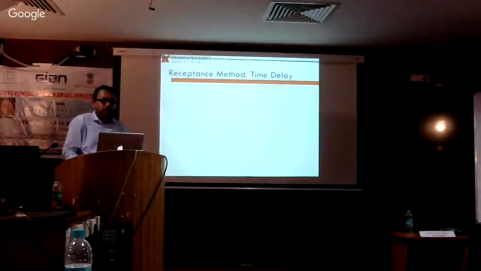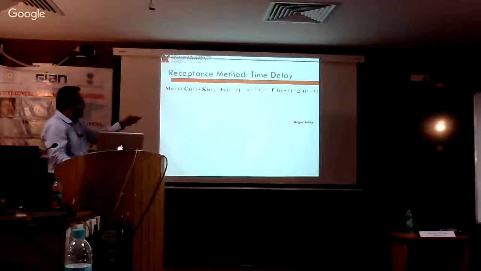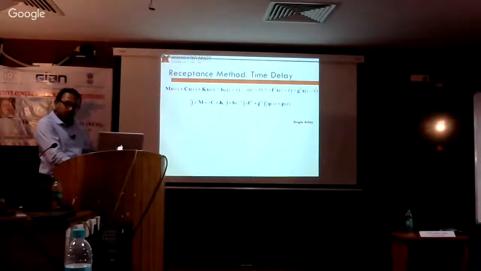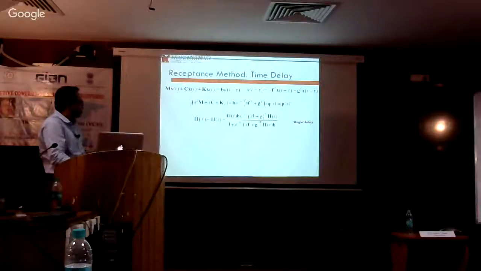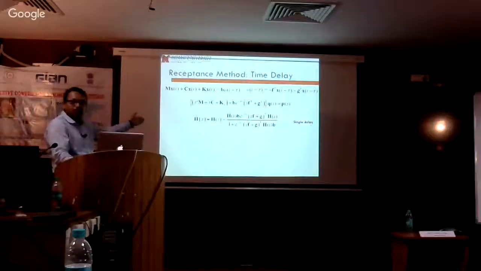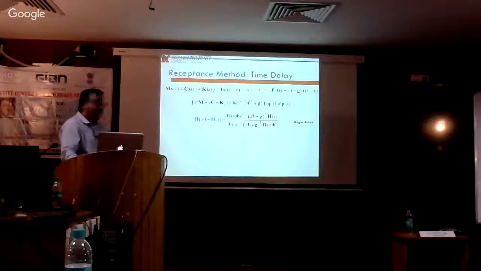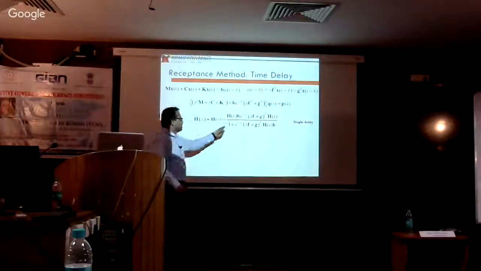Okay, so last thing, what happens if you have a receptance method? Let's look at the same time delay problem. You have an exponential term due to the time delay in the frequency domain, and we can rewrite my closed loop receptance in terms of open loop receptance, and it will involve this exponential term.